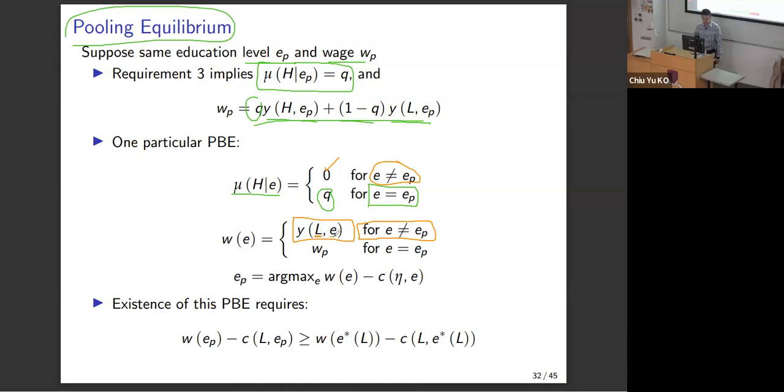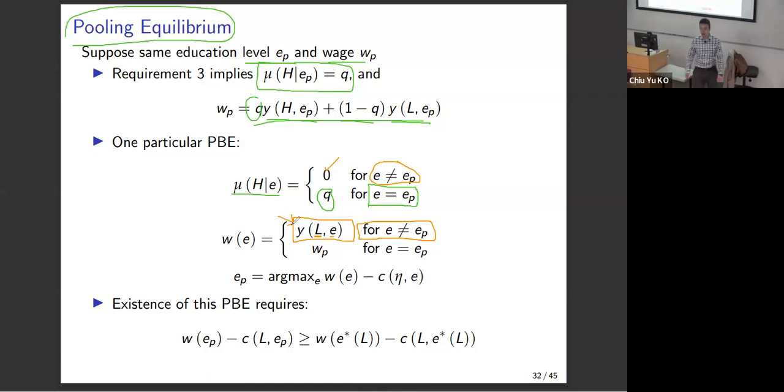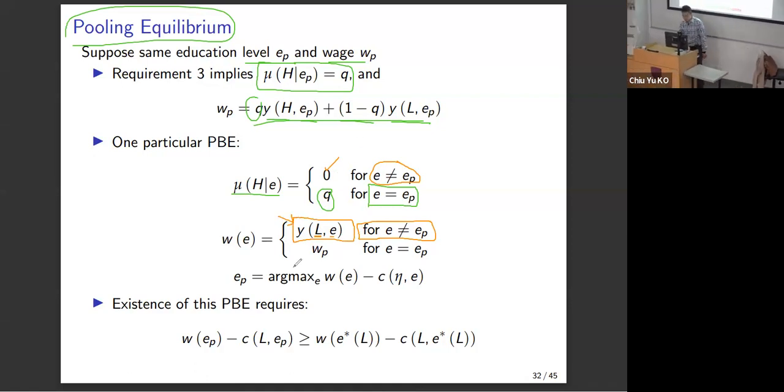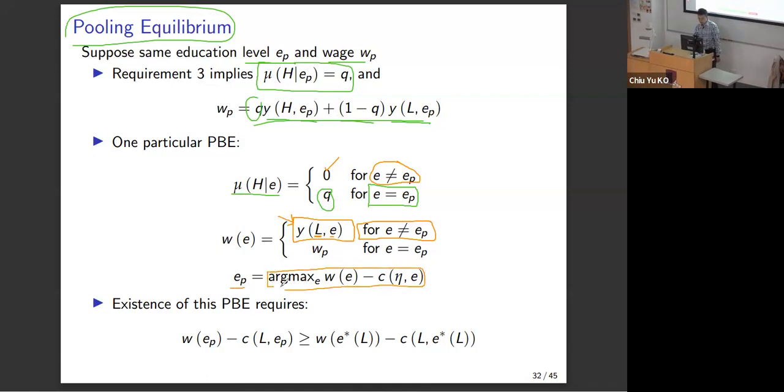So you give the salary like this. Why can I give lower? Because of Bertrand competition. Everyone believes that you're low type, so you get the low type productivity wage. And the education you get in the pooling is just the maximizer of this, depending on type.